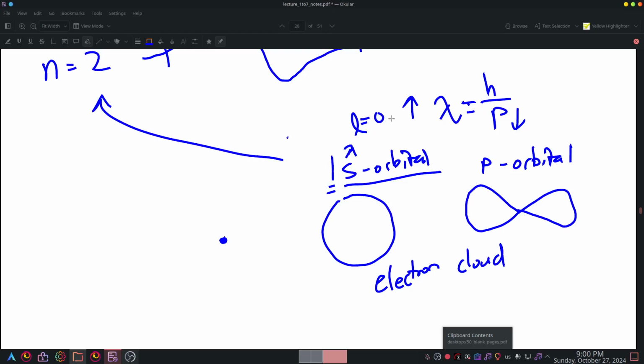That's what s means: we don't really have much in the way of angular momentum. But once you start going on to n equals 2 and above, you will have even more ways to arrange your angular momentum. So this p is basically saying L equals 1. And n should be greater than 1. Usually that's the case.